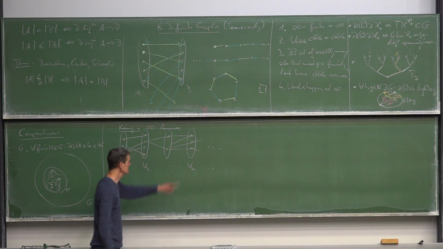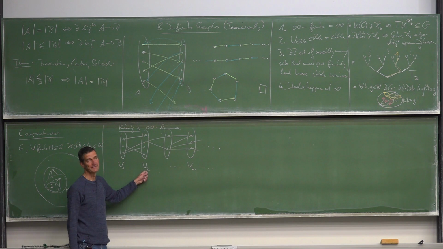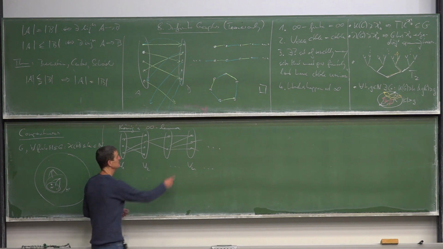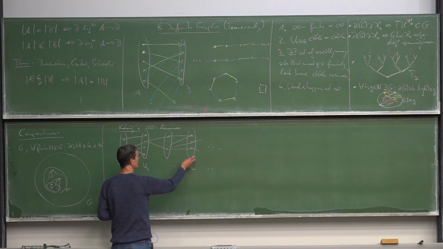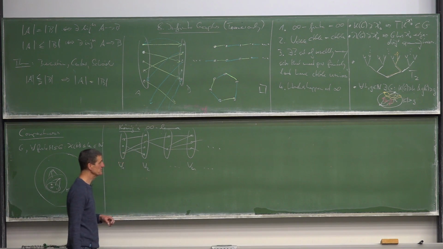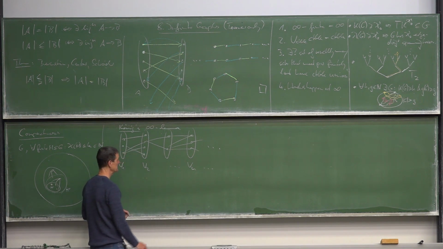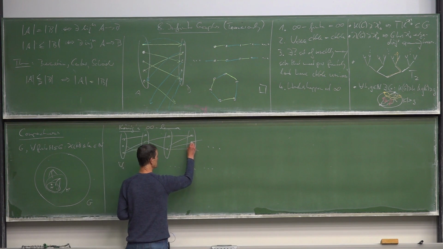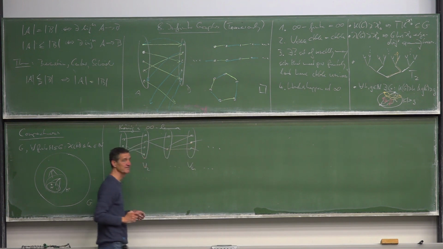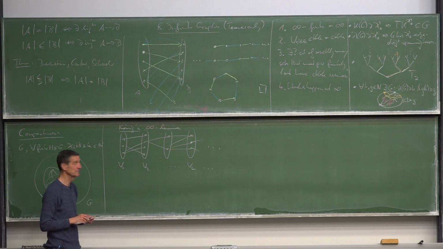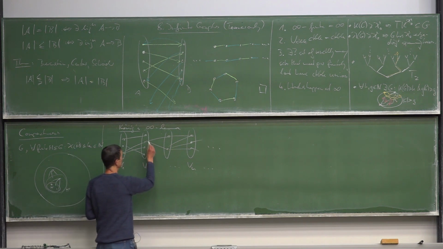of finite sets Vn, and define a graph on the union of all these disjoint finite sets in such a way that every vertex in Vn, for every n, has a neighbor in Vn minus 1. But not necessarily the other way around.